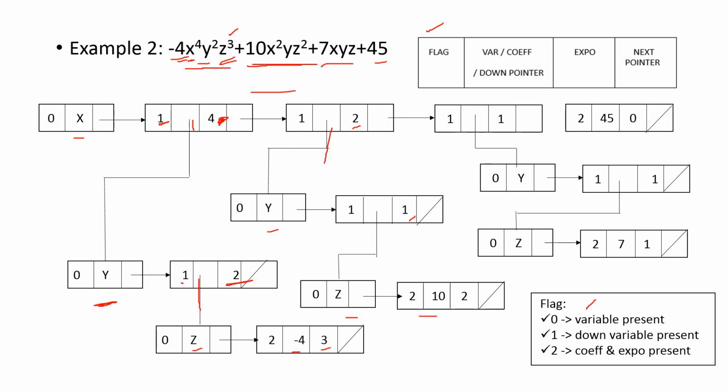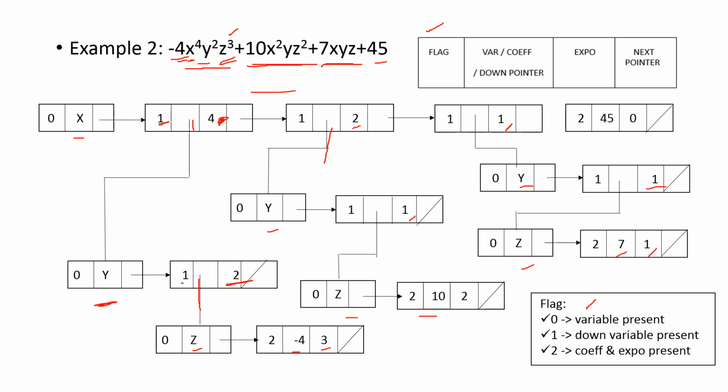See here, the next term is 7xyz. Again that is the x coefficient, x exponent is 1, and then we are coming to y, again it is 1. Then from y we are coming to z, and the z exponent is 1 and the coefficient is 7.